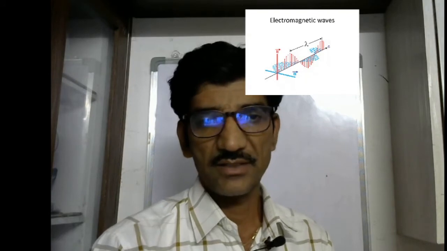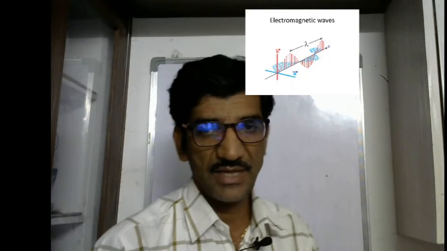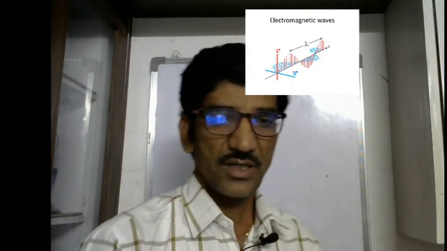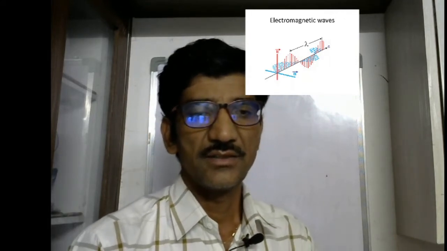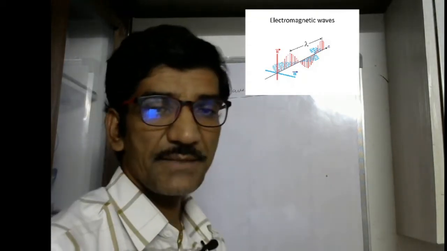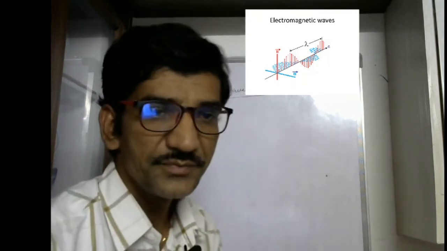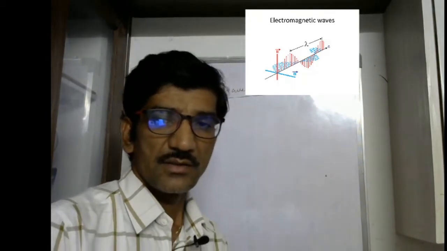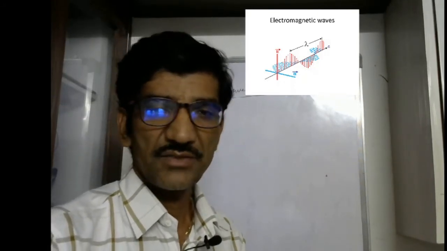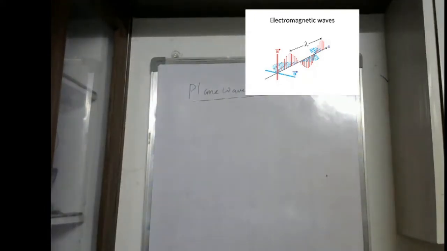Just now we compared this wave equation with the wave equation in mechanics, and tried to find the velocity of these waves propagating through vacuum. So we have similar solutions for electromagnetic waves as well, that means for electric waves and magnetic waves.